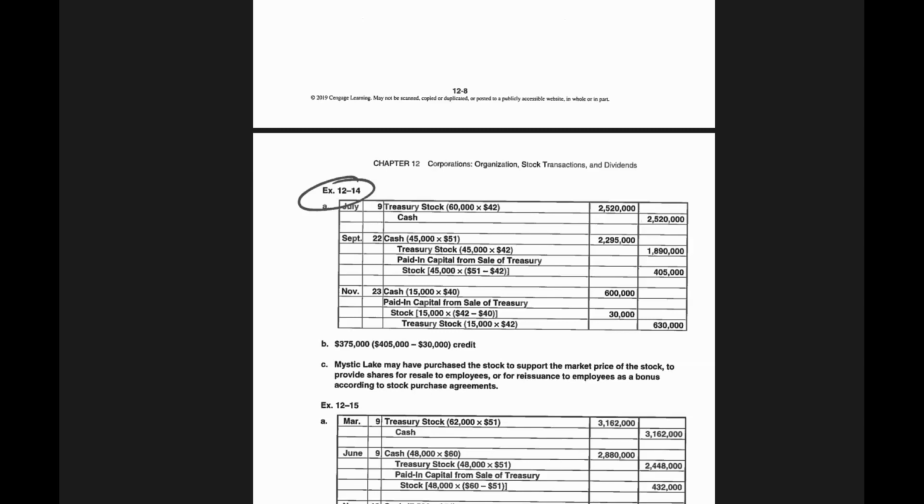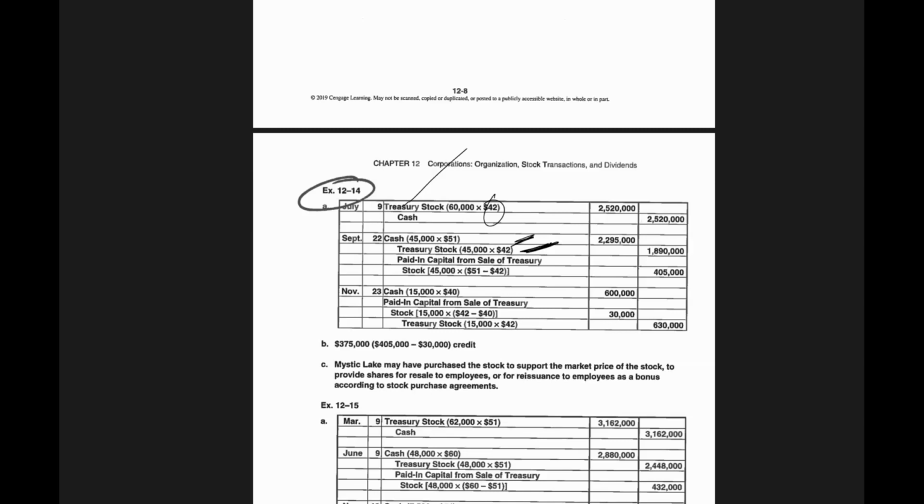Okay, so first, we purchased shares that were out there, which now goes into what we call treasury stock, and we purchased them at $42, credit cash. Then on the 22nd, we sold 45,000 shares. So what we do is this treasury stock is what gets credited, not common, treasury. And we credit it for what we brought it in at.